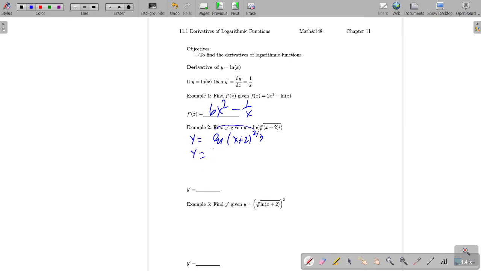So y equals 2/3 natural log of x plus 2. So y prime would equal 2/3, nothing changed there, times 1 over x plus 2. So that's going to simplify as 2 over 3 times x plus 2.